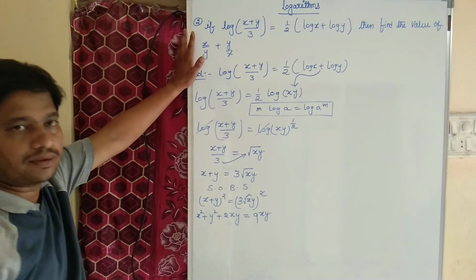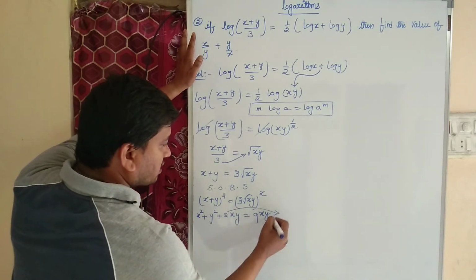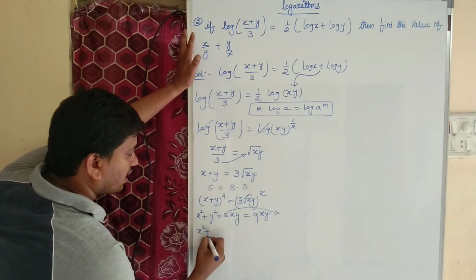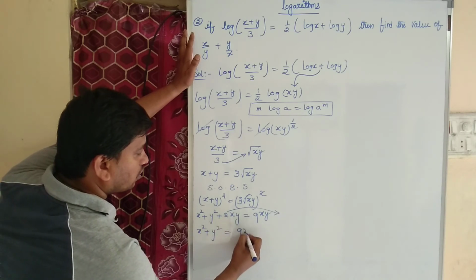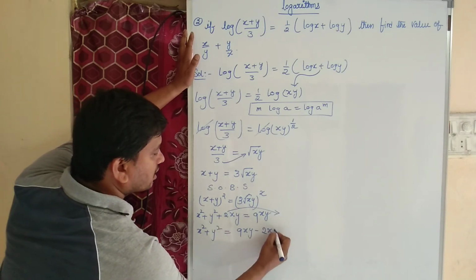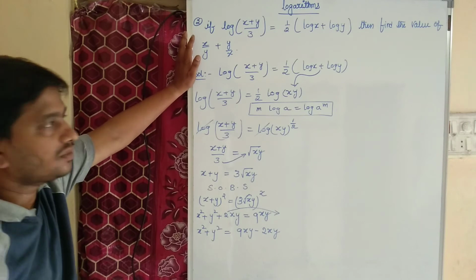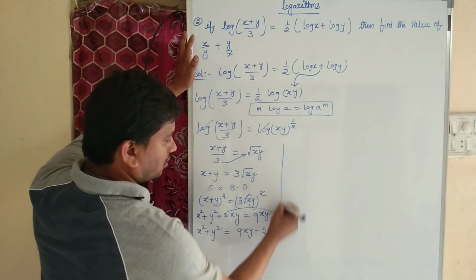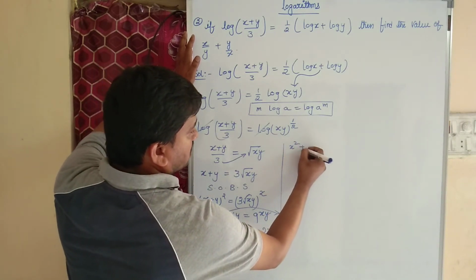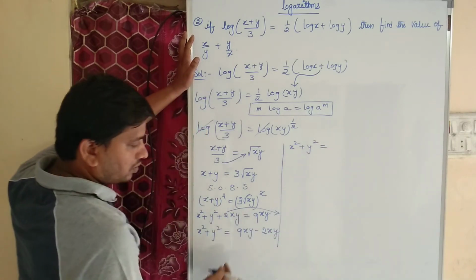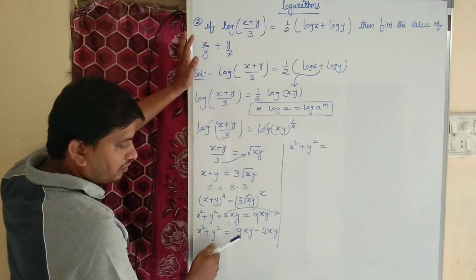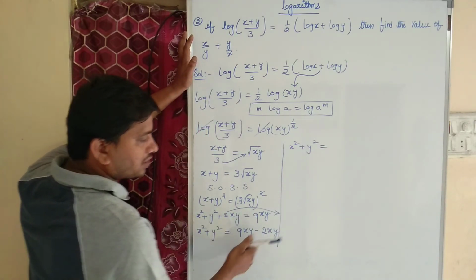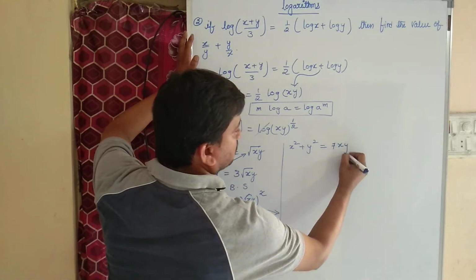I mean 9xy. So plus 2xy you transpose, x square plus y square equal to 9xy minus 2xy. From 9 you subtract 2. 9 minus 2, 7xy. Okay.